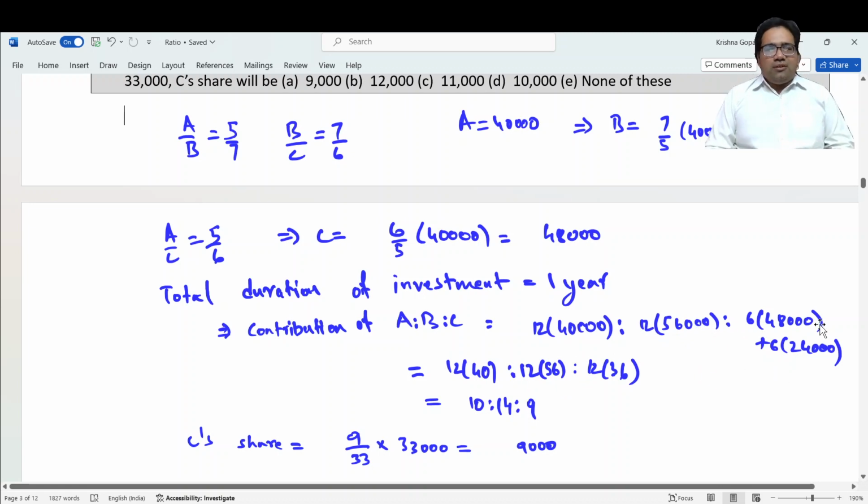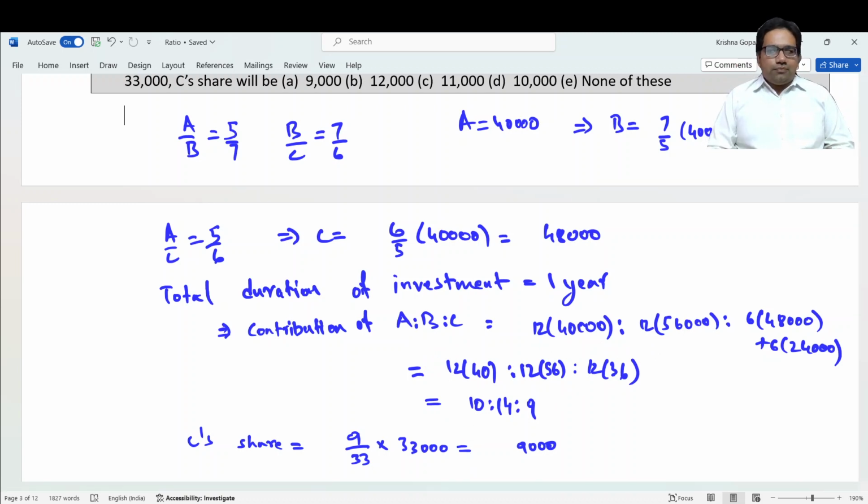What does that make? 12 into 24 plus 12 into 12, which becomes 12 into 36. Now 12, 12, 12 is also a common factor, we can remove this. And we can also cross out 4.